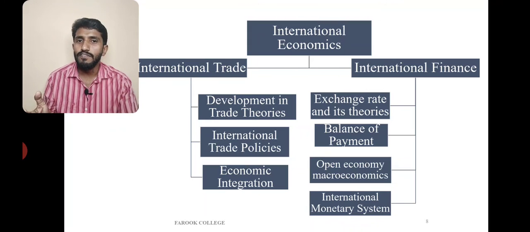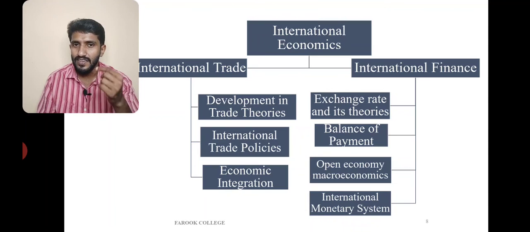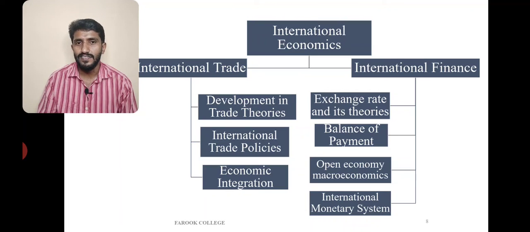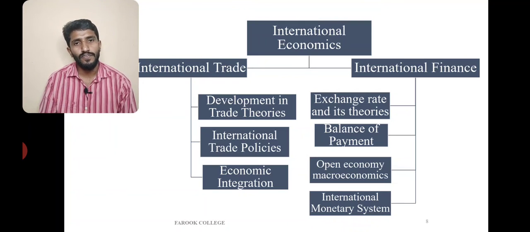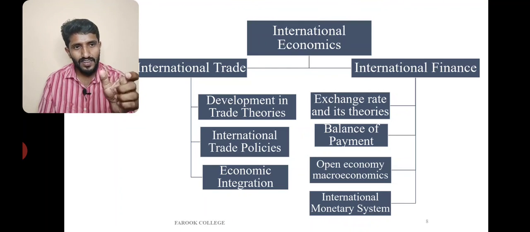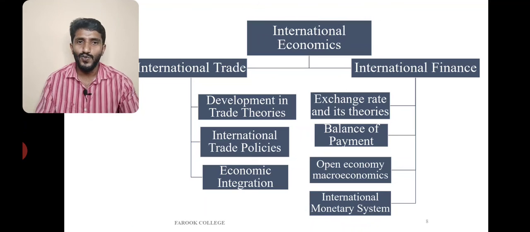The IMF, the World Trade Organization and other organizations are controlling these transactions, making suggestions for different countries, and providing loans for different countries. So there is the international monetary system, and also how the IMF works and what its currency is. These are all major parts of international economics.